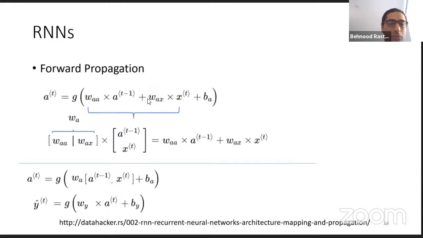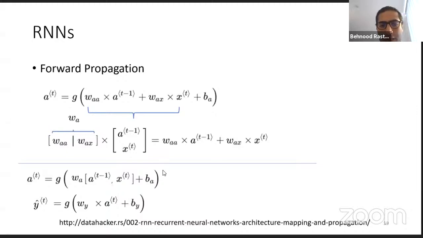If you represent these two terms in a matrix form, then you can call WAA and WAX together WA, and then your equations will be a little bit more simplified. These are basically the equations that you need for forward propagation.